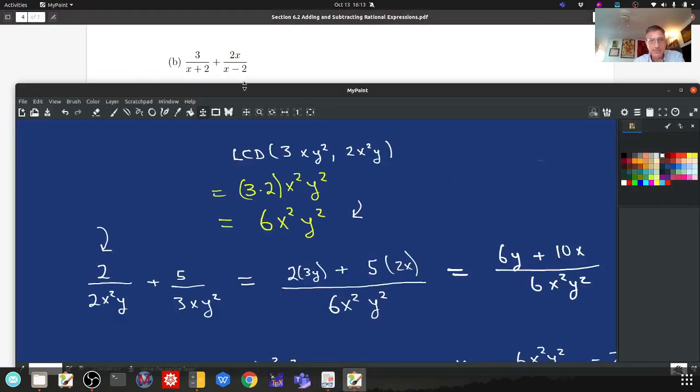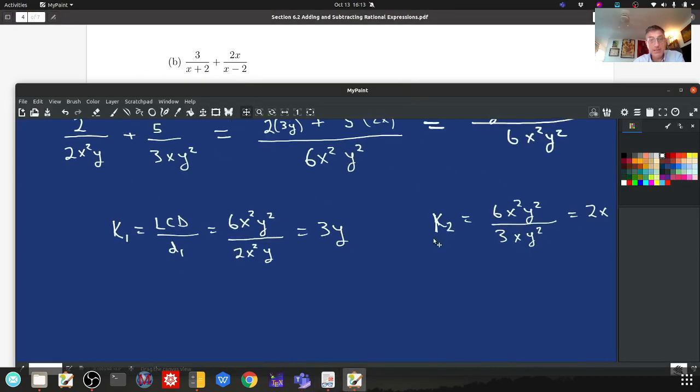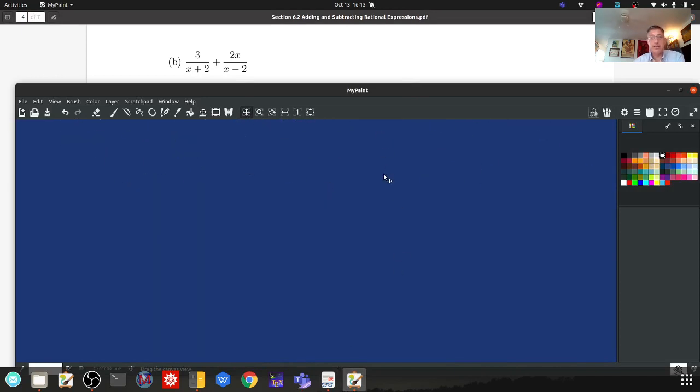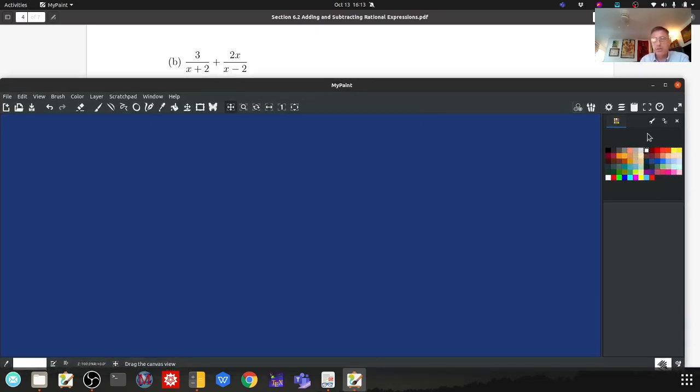Let's do another one. Yeah, it's involved. Students literally hate this part of the class. It's important that you get it, though. It's an important skill. Very seldom in math are we so blessed that we never have to deal with fractions.